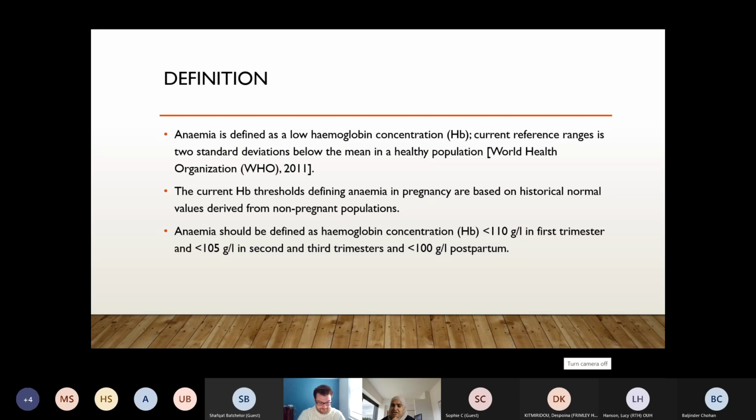There is an international debate ongoing on this topic, and work is still ongoing regarding the definition of anemia in pregnancy. Currently there is international consensus that anemia should be defined as hemoglobin concentration below 110 grams in the first trimester, then a lower level in the second trimester, and an even lower level in the postpartum period.